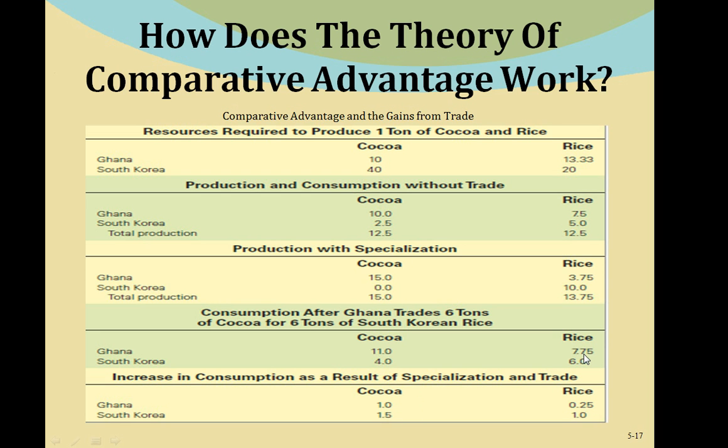So do the same here. 7.75 minus 7.5 is 0.25. This 6 is new, this is base. 6 minus 5 is 1. It's very easy. Is it clear now? Alright, it seems like all of us understand the concept of the theory of comparative advantage.